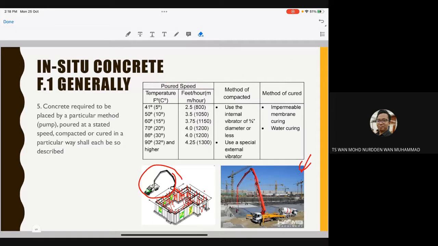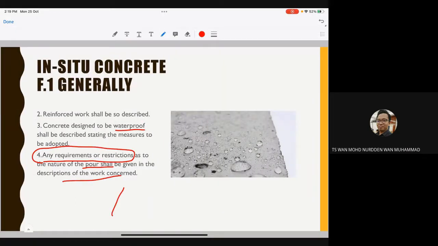Number 5, concrete required to be placed by a particular method, pump, poured at stated speed, compacted or cured in a particular way shall be so described. For example, using a pump, from the concrete mixer into this pump arm, straight to the designated site or final location of the concrete. If it is allowed, there is no problem. If it is perhaps not allowed by some clients or adjacent buildings, then we refer to number 4.